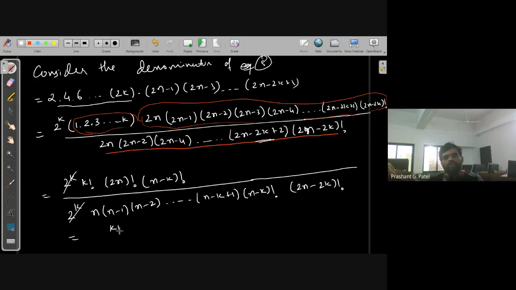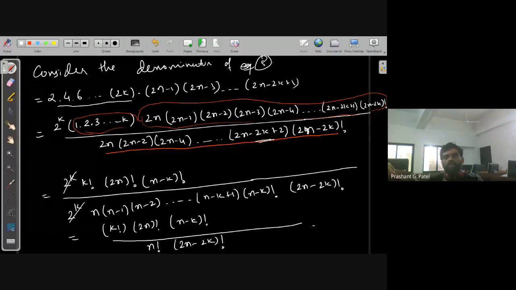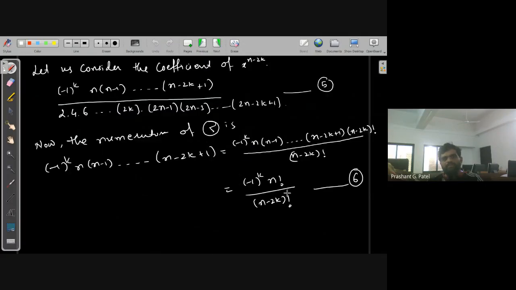We'll have k factorial into 2n factorial, n minus k factorial upon... Now what is this? It is n into n minus 1, n minus 2, and if you go further up to 1, it is actually n factorial into 2n minus 2k factorial. We call this expression 7. Now putting this value of 6 and 7 in 5.